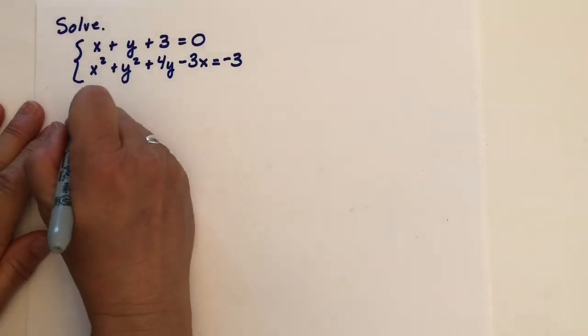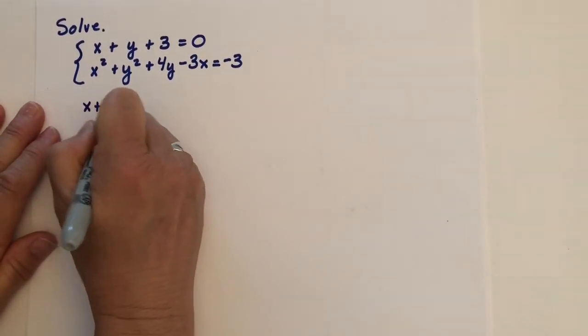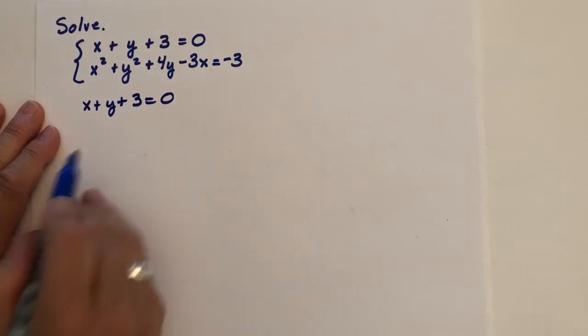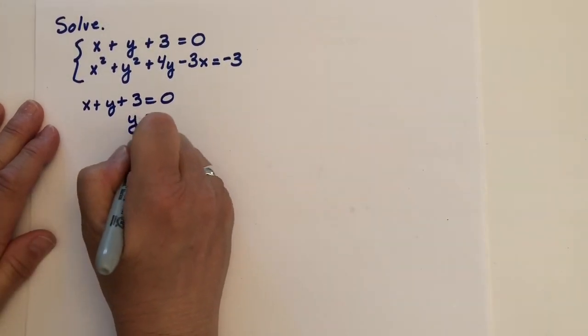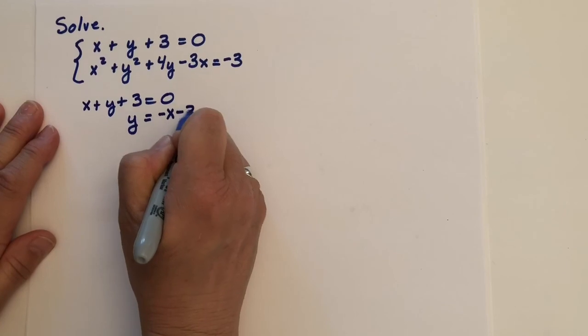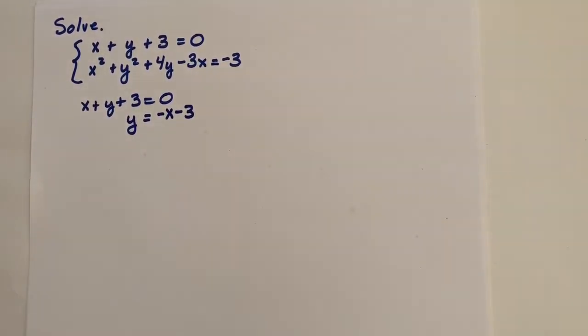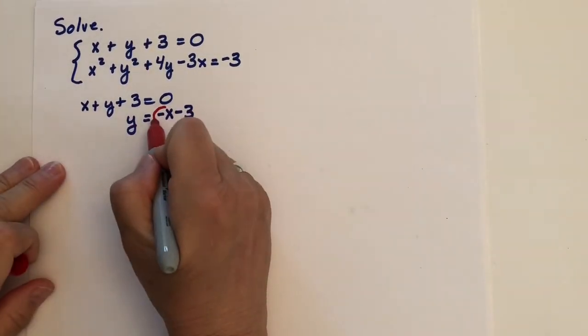So let's do that. So we have x plus y plus 3 equals 0. If we solve for y, we'll have y equals negative x minus 3. When we make the substitution, we do need to make sure we substitute it into both places where you see that y.